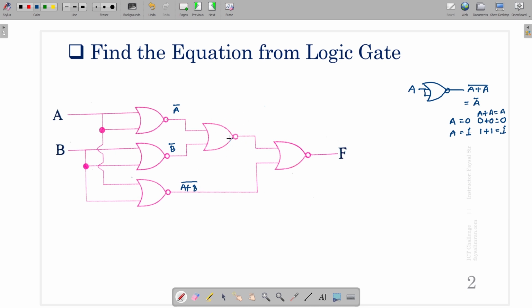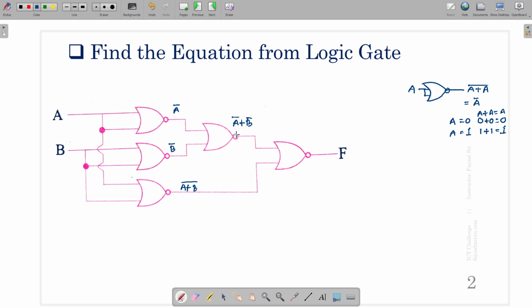And in this logic gate, if I input here this part, this is A bar, right? So this logic gate also adds those values. One of the inputs is A bar, so we write here A bar. Also this is B bar, that means they have to add this value, this is B bar.